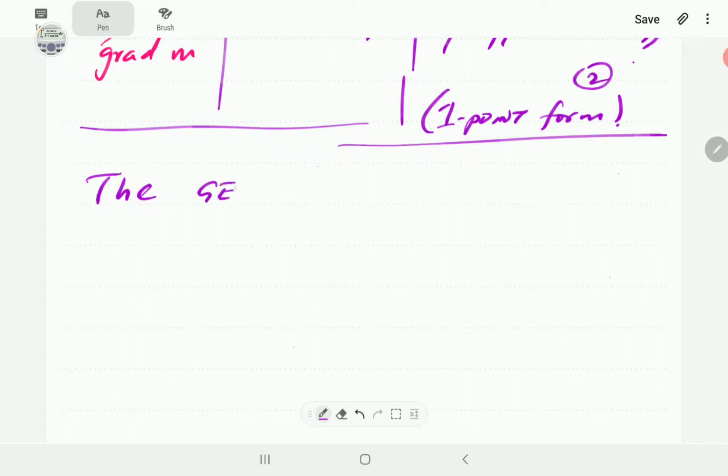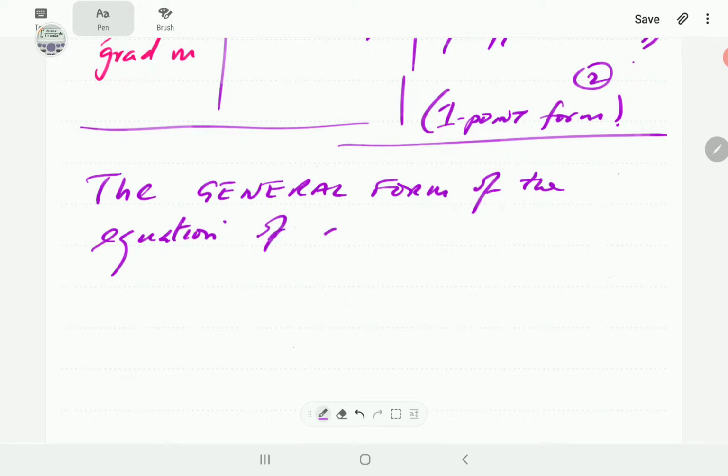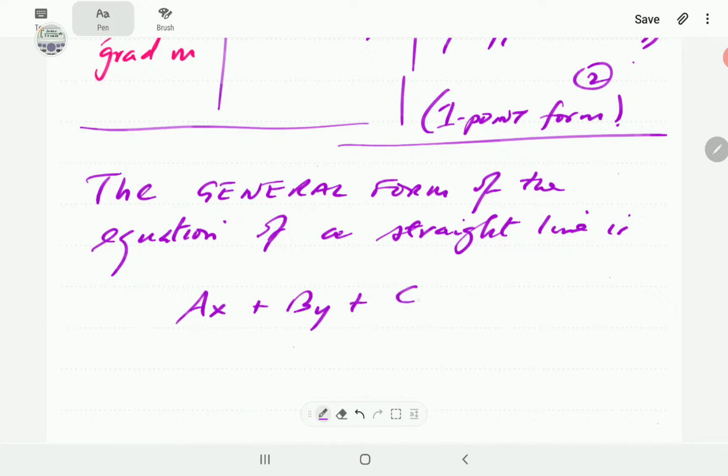So the general form of the equation of a straight line is given by ax plus by plus c equals 0.